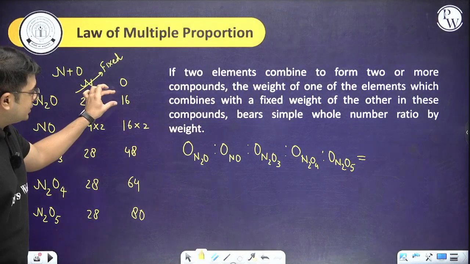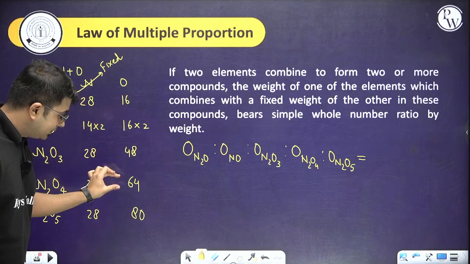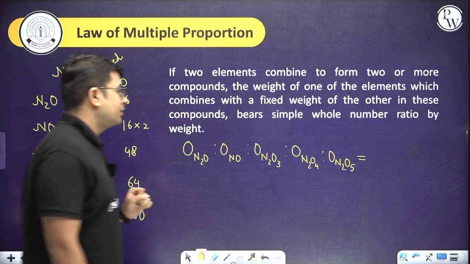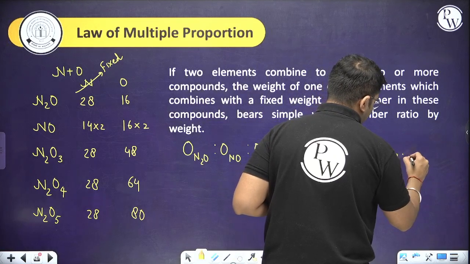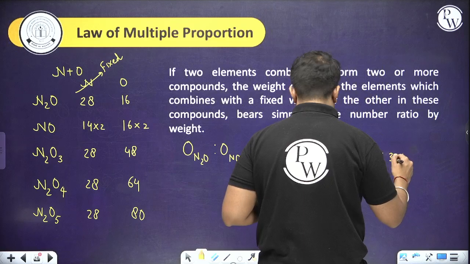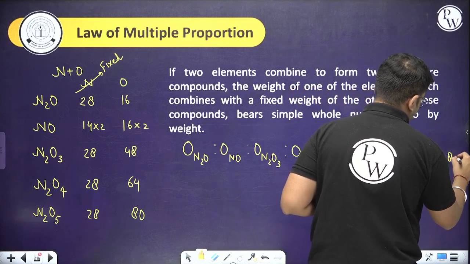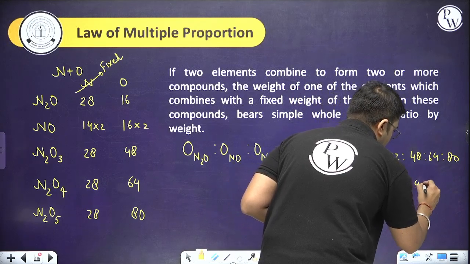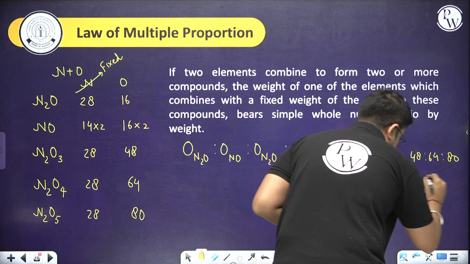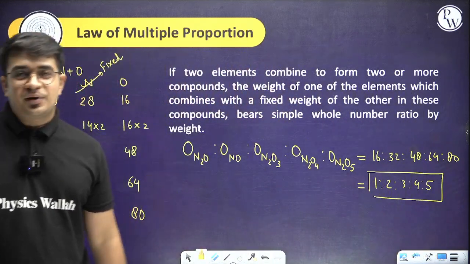You may see this is 16, then 32, then 48, then 64, then 80. So that will be 16 is to 32 is to 48 is to 64 is to 80, or you can write it as 1 is to 2 is to 3 is to 4 is to 5, which is again the simplest ratio by their mass.